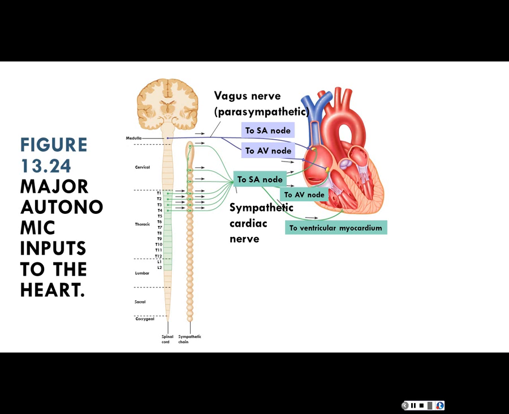Those nodes. So under parasympathetic action, our rate goes down. Contractility, pretty average, right? It's not extra, so it's just kind of average. So heart rate goes down, contractility kind of low.